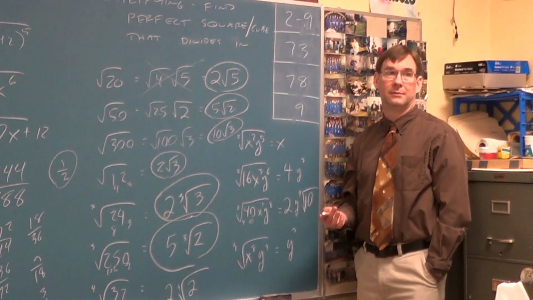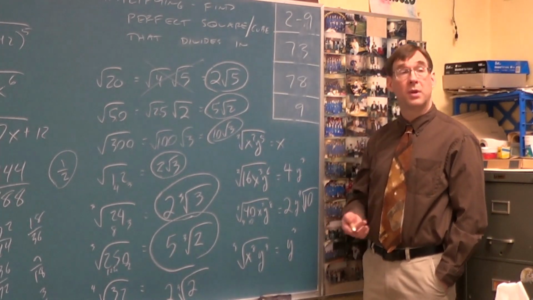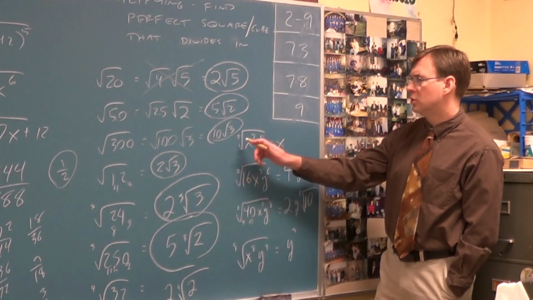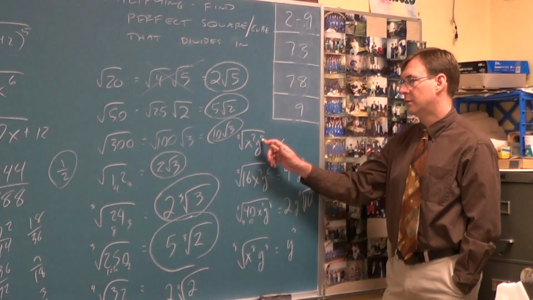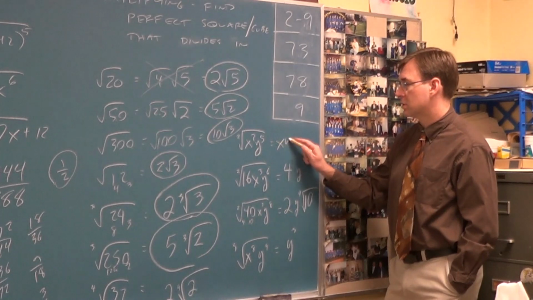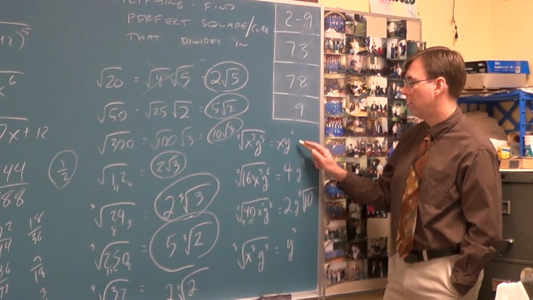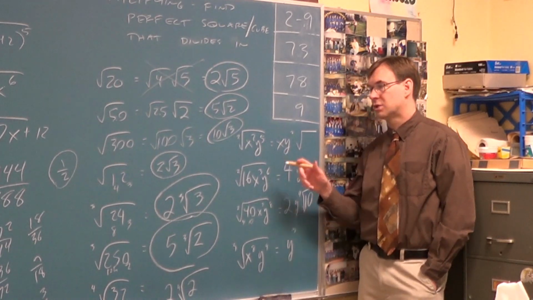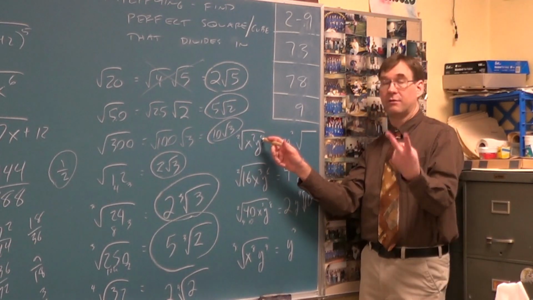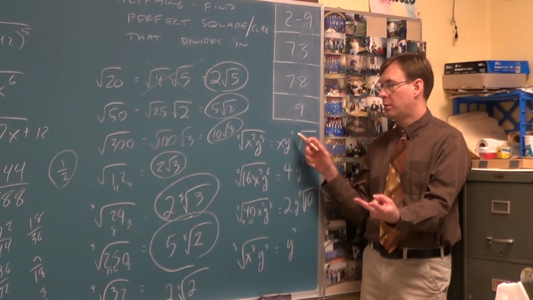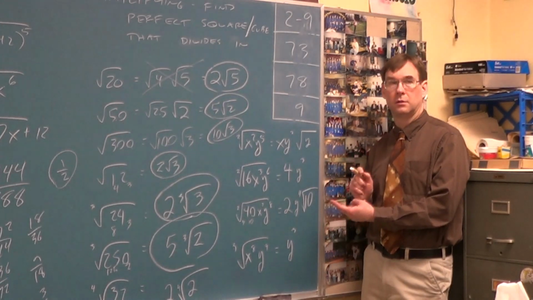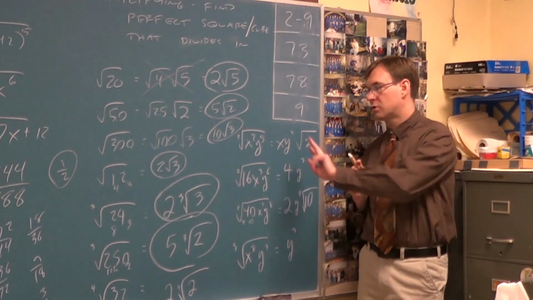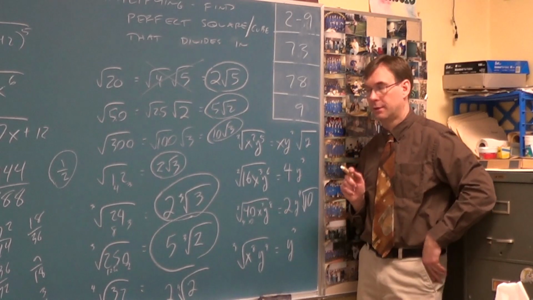Why did I leave the other half? Here the index doesn't divide evenly, but it does divide. 2 goes into 5 two times, so y squared can come out. However, there are some leftovers, the remainders will stay under. When 2 goes into 5 twice, 2 of them come out, 1 of them stays in. So the quotient comes out, the remainder stays in.